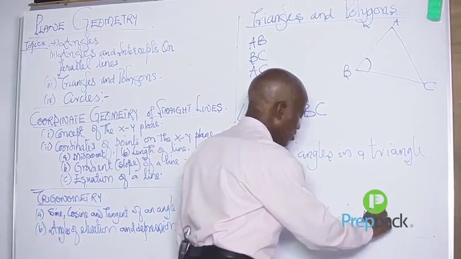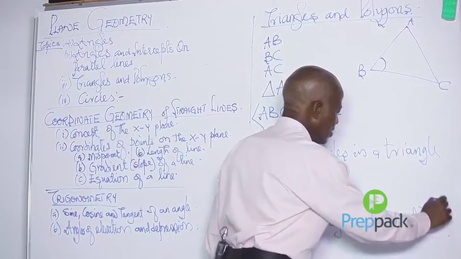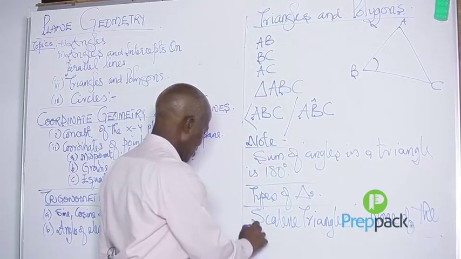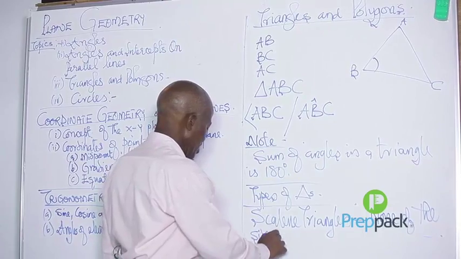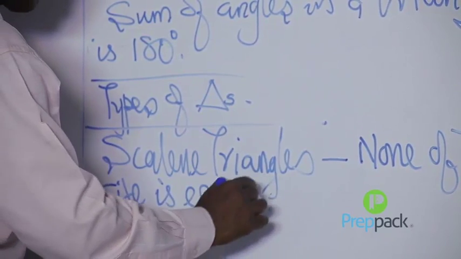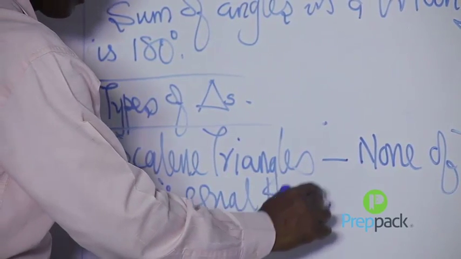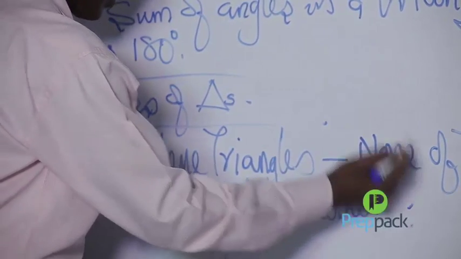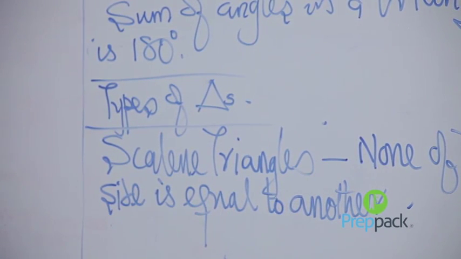None of the sides is equal to another. Any triangle like that is known as scalene triangles.